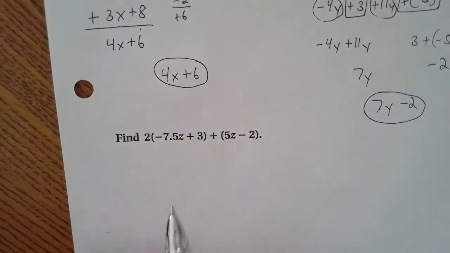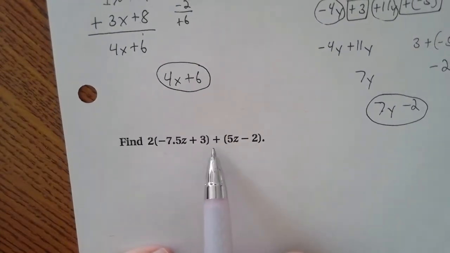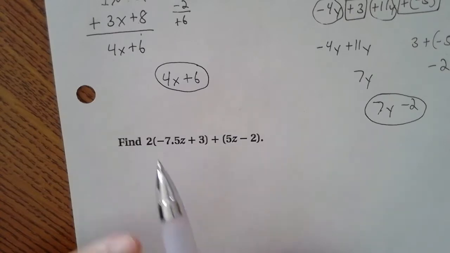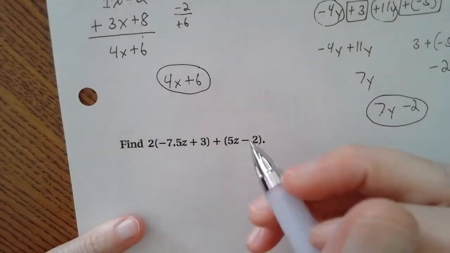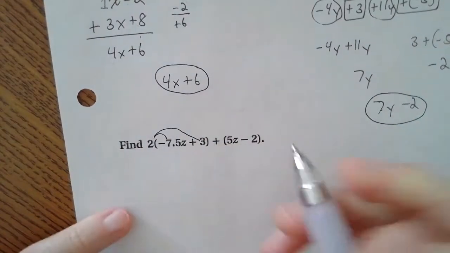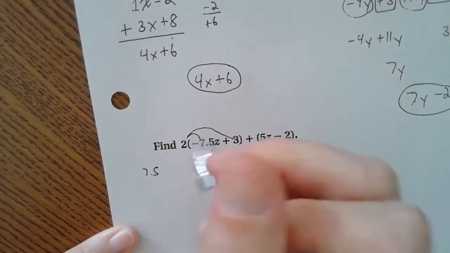It says 2 parentheses negative 7.5z plus 3 plus 5z minus 2. Now I can't do horizontal or vertical just yet because I have to get rid of this 2. Remember, when I have a 2 on the outside, I have to distribute. So 2 times 7.5, if we don't know it, we go off to the side.